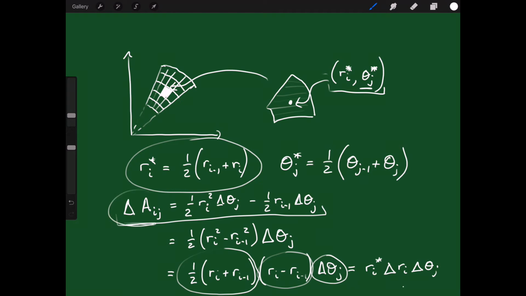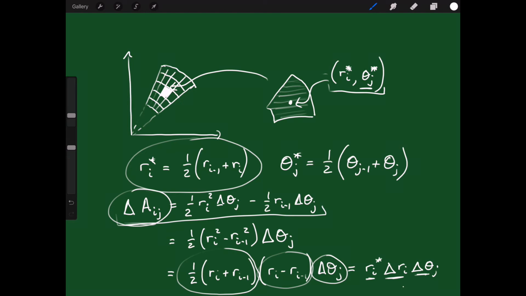So the area that I'm looking for, a small change in the area, or one of these little polar rectangles, amounts to: pick a unique middle radius point, multiply that by a small change in r times a small change in theta, and that will get the job done for us.